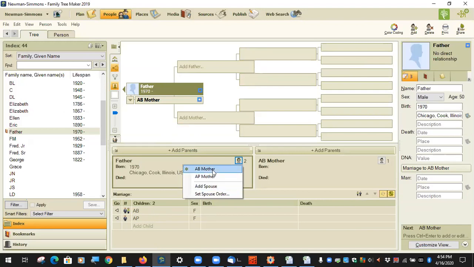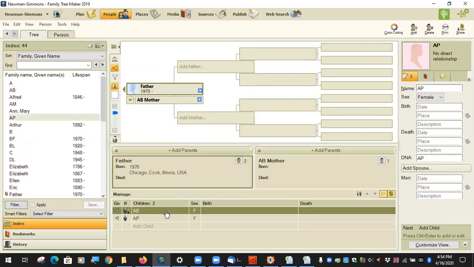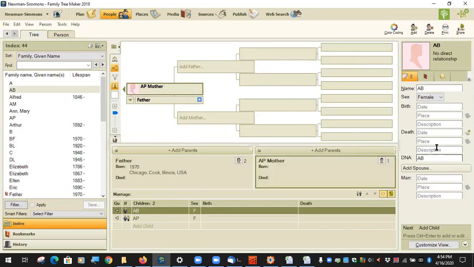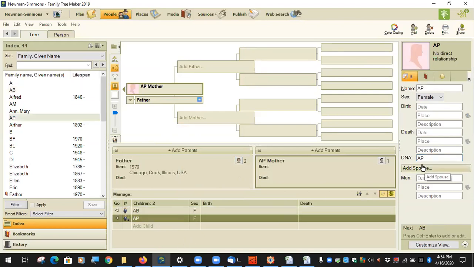And then he's got 2 wives. Well, I don't know if he had wives. All I know is he had 2 daughters, AB and AP. So I just put, okay, AB is with the AP mother, and AP mother, I just called it. And then AB, I gave that DNA kit fact, AB, AP had AP.